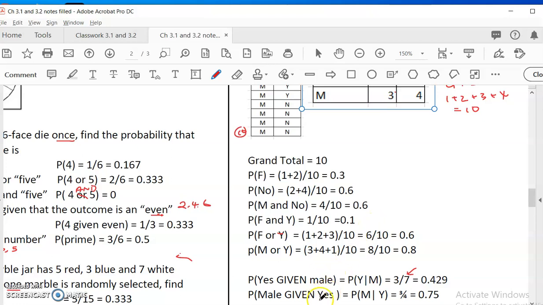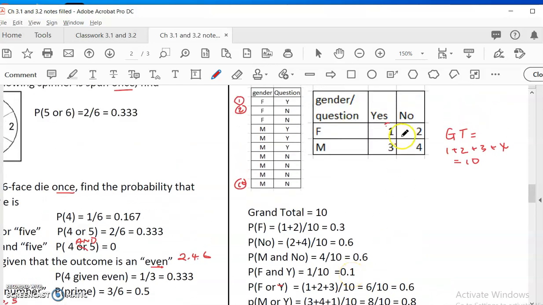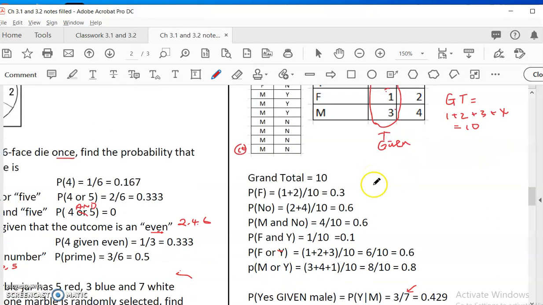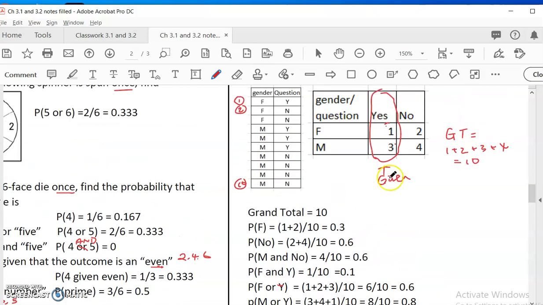So you would look at this is the given. You always look at this being the sample space. So for the yes, you only look at this column. You just don't care about the whole contingency table. You say this is given, already happened. So your sample space is only 4 chances. And I wanted out of these 4 chances, how many is a male?